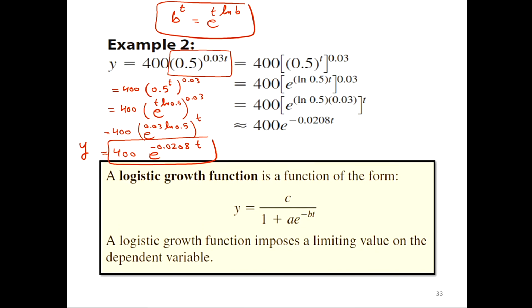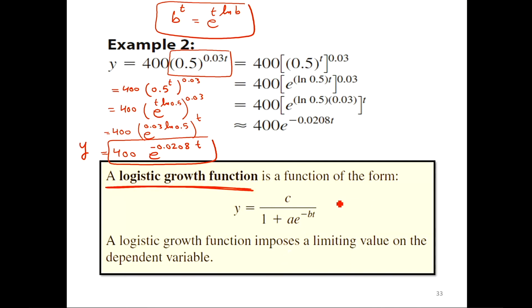The last subject is the logistic growth function. This is a function between two values. The maximum value equals c, and the minimum value equals c over 1 plus a.